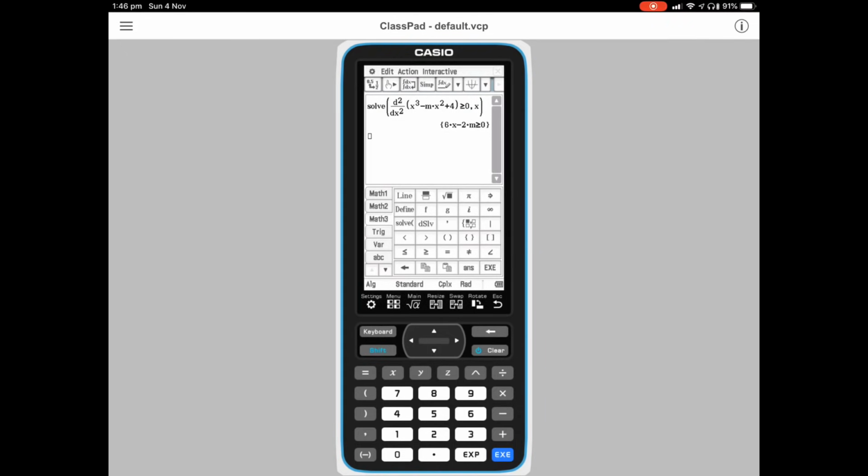Negative 6x, so have I written this out properly? X cubed minus mx squared plus 4, the derivative is greater than 0.